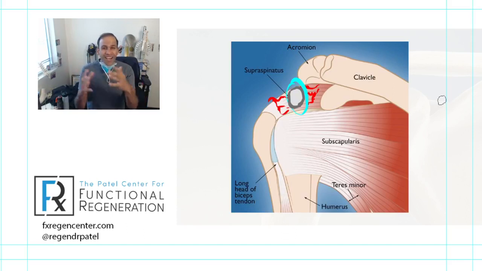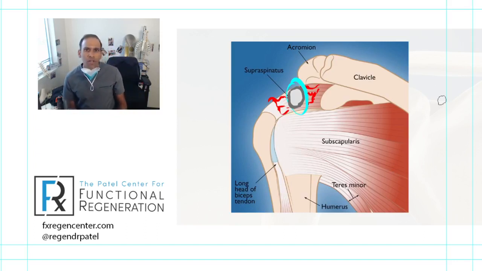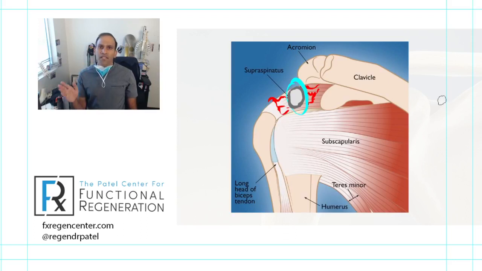As you can tell, there's a lot of different treatment options, and there are a lot of different things that can go on with the rotator cuff. Really comes down to matching the right treatment to the right condition.